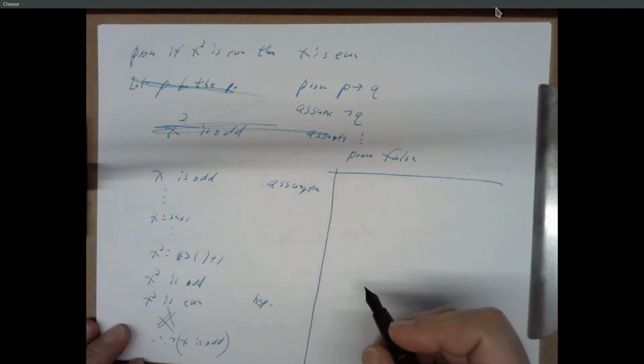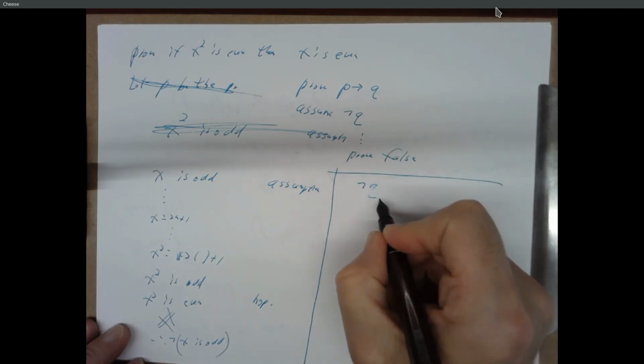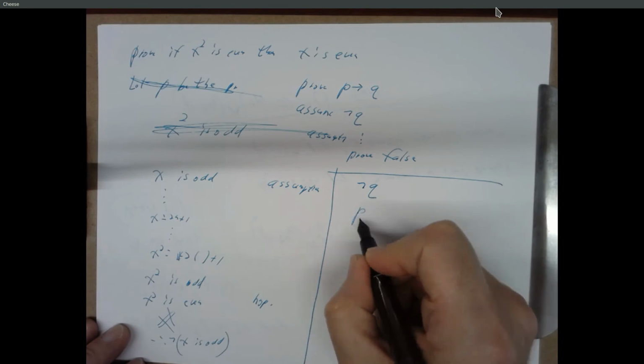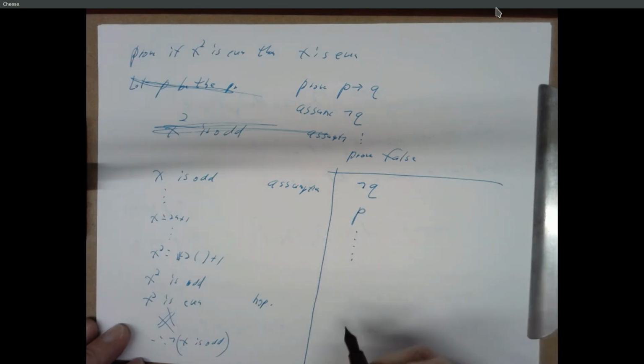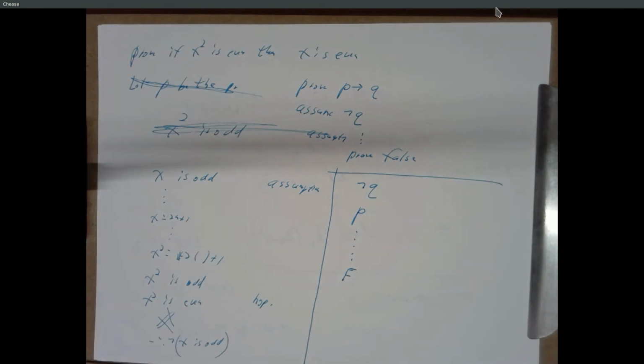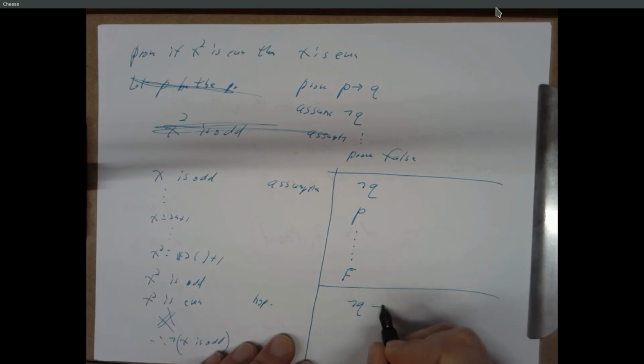And really what we're doing is we're trying to prove if P, then Q. We're assuming not Q. And we're assuming P. And then we're going to prove eventually that false is true. Right? So what we've shown is not Q implies false.